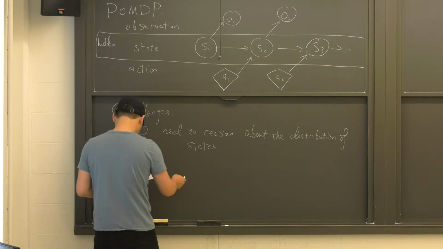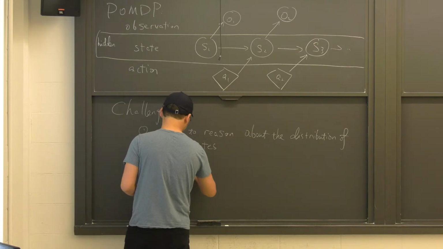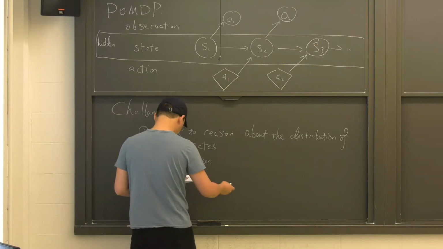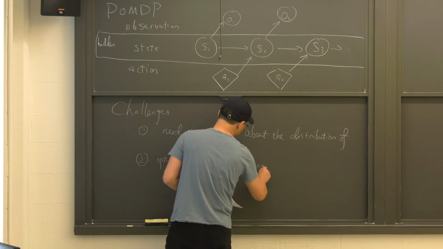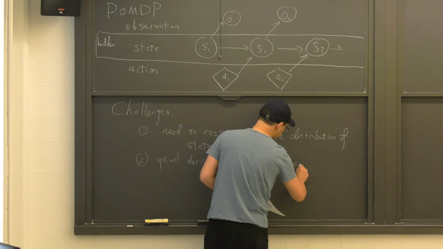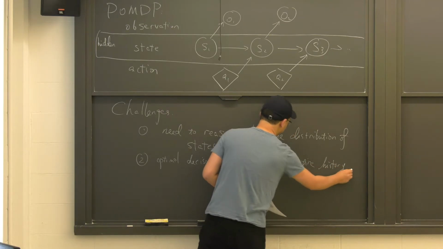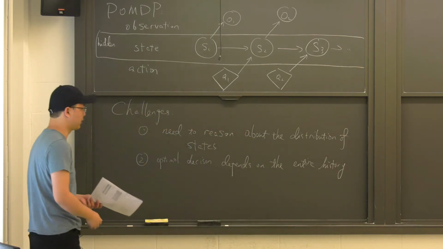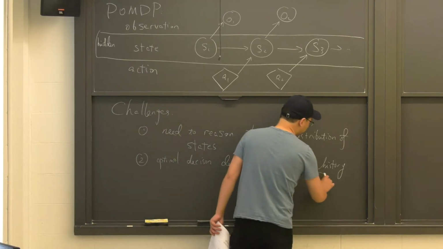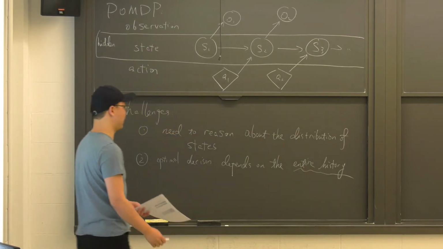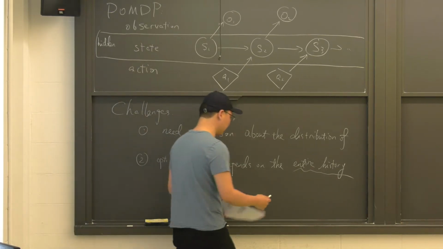And because of this, the optimal decision depends on the entire history. That's why in the last lecture we emphasized a lot that when we look at the policy, we need to look at the history-dependent policy. The most difficult part about the action depending on history instead of the current state is the exponential number of possible histories.